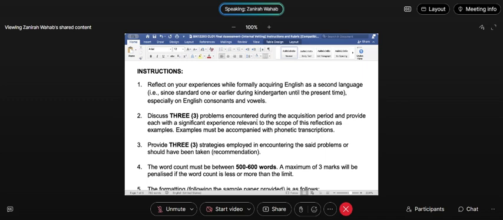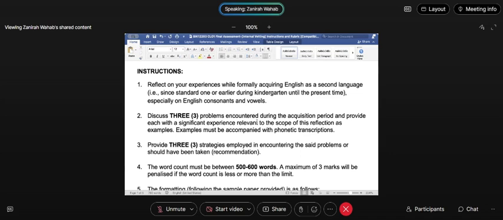So basically, this is what we want you to reflect on. Instances might be many, so only choose the best three, the ones you feel had the most impact and gave you the most issues.